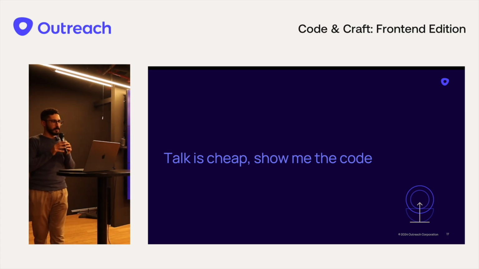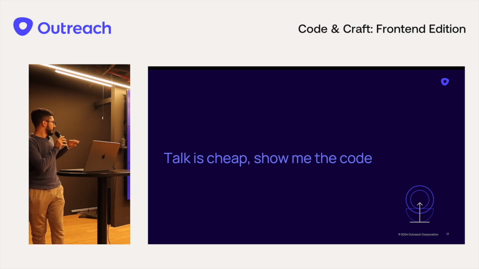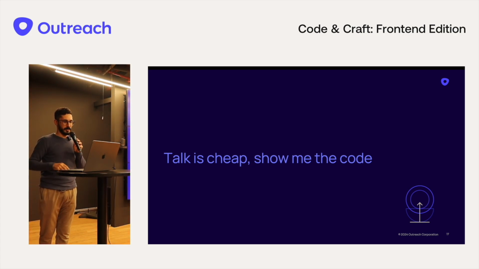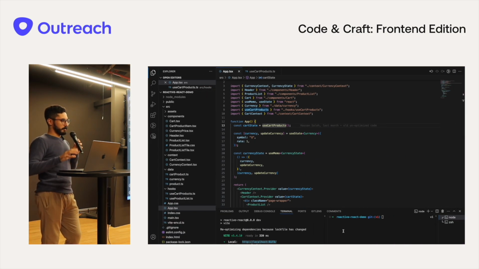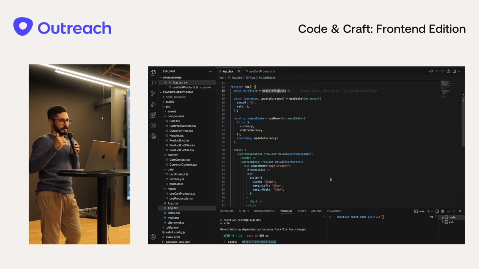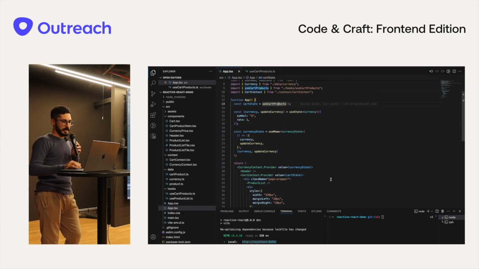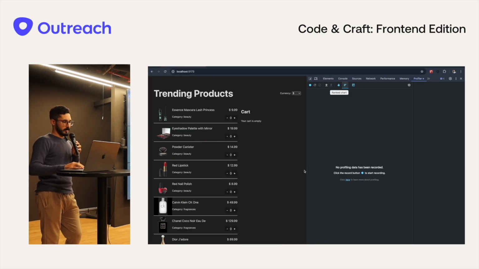Cool. So show me the code. Now, unfortunately, I can't show you the feature for obvious reasons, but I did prepare something in my free time, which is basically a product list with a cart.